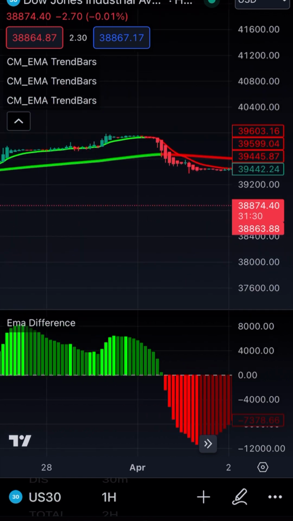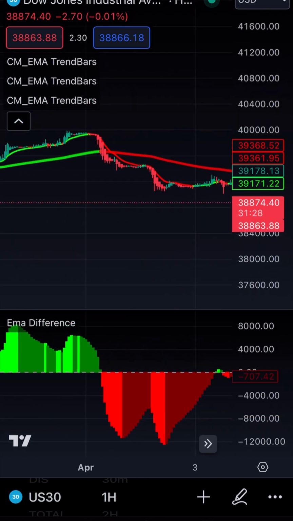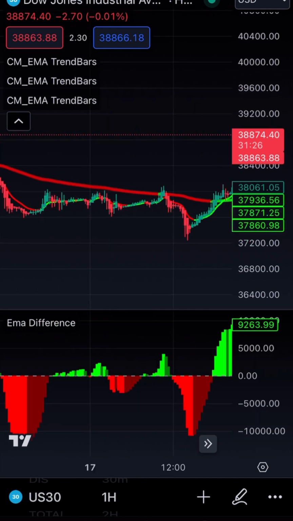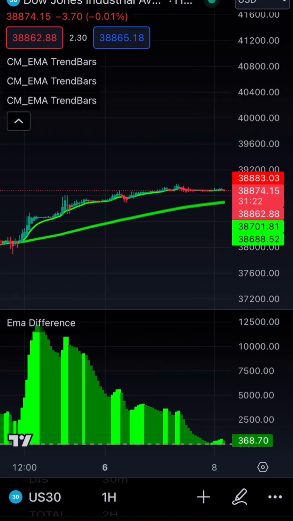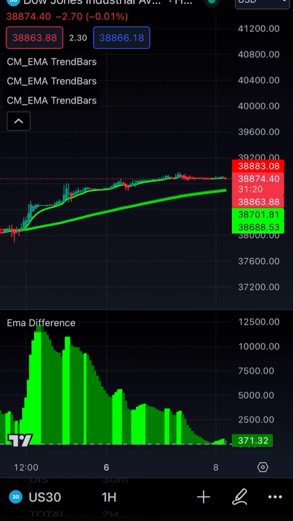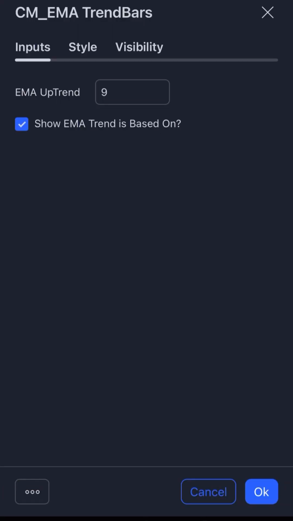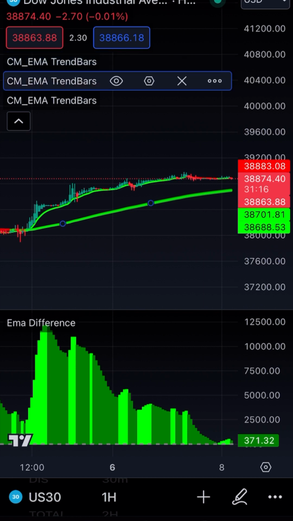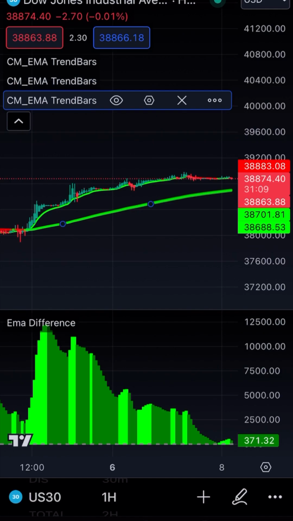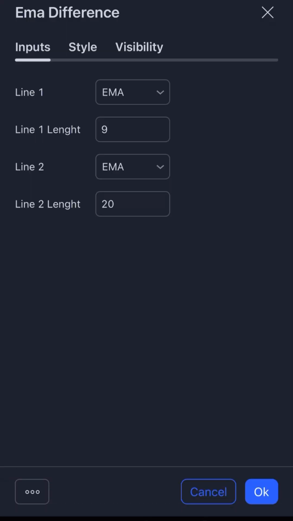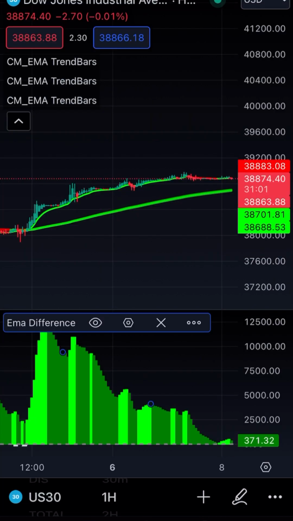In my opinion, this is very effective. What you have to do in this strategy, the first step, is you have to have your 9, 90, and 95, and it helps to have it with CM EMA trend bars, and then you have to have your EMA difference be 9 and 20.